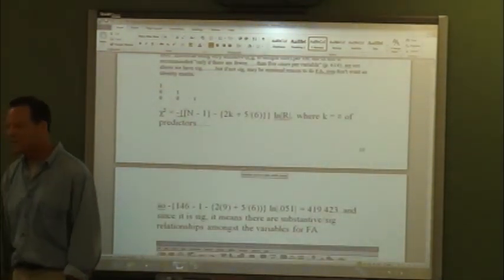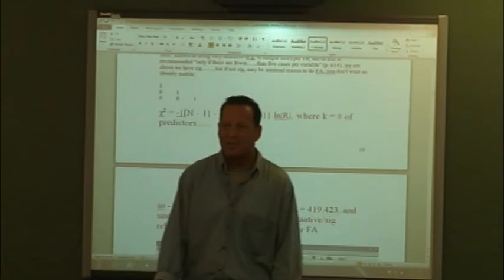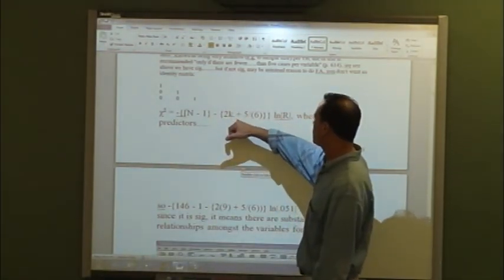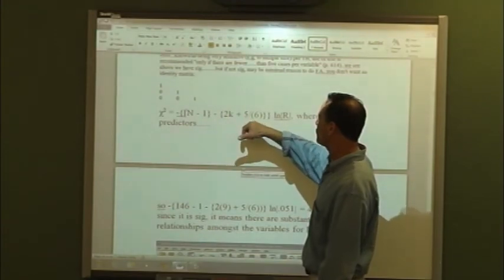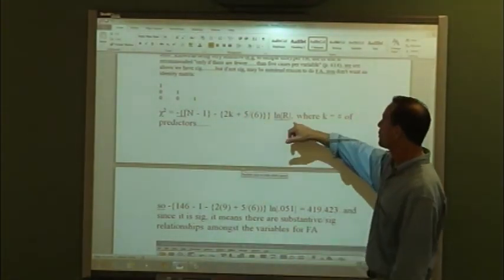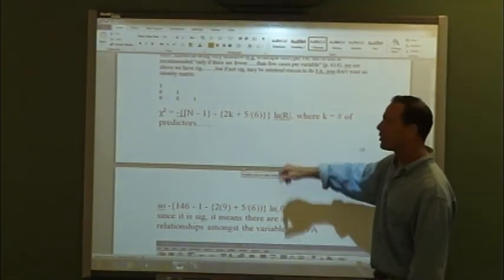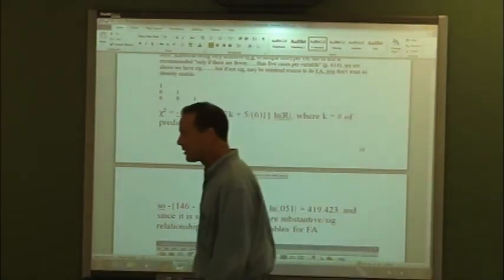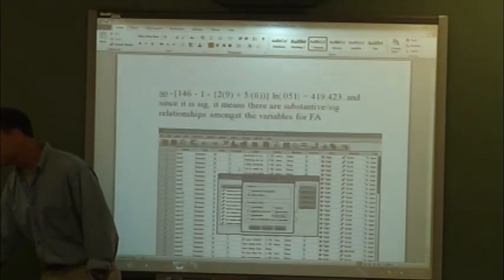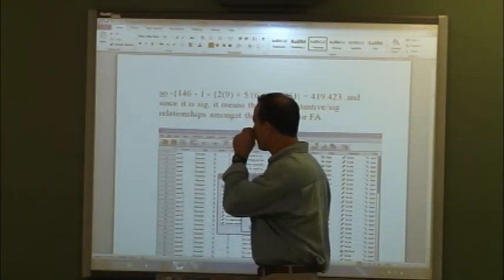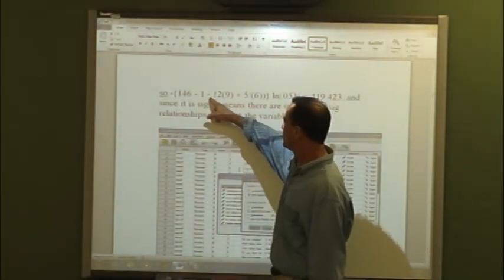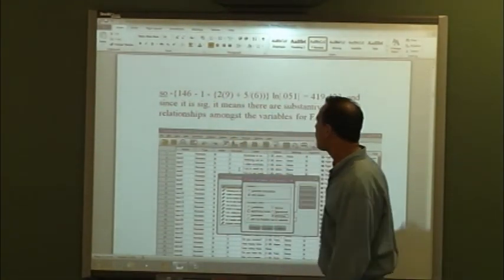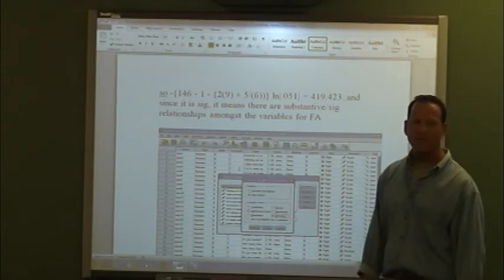Here's the math. You will never have to worry about it, but it's a chi-square test. It takes into account sample size minus 1, minus 2 times the number of items plus 5, divided by 6, times the logarithm of the determinant of the correlation matrix. Can you see why you wouldn't want to do this by hand? We have 146 people, 9 items, and 5 divided by 6. Who knows where Bartlett came up with 5 divided by 6?